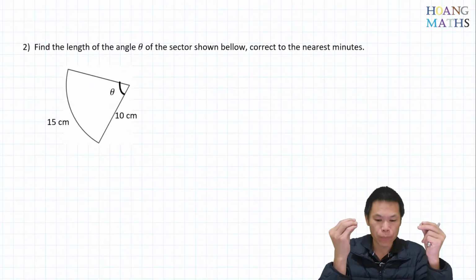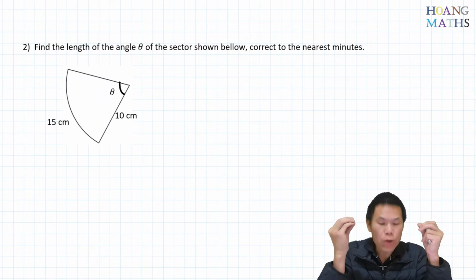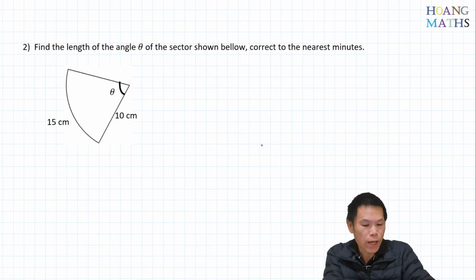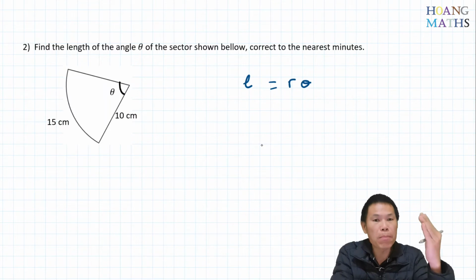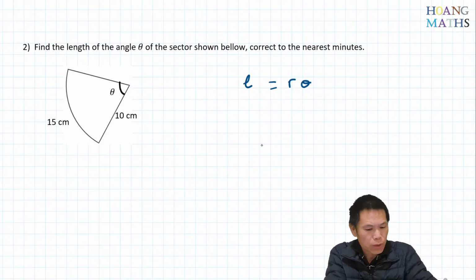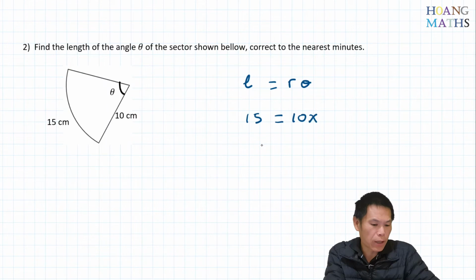Now, the next one. We need to work out the angle theta, nearest minute. To work this out, first of all, we know that the arc length is equal to r theta, and remember, theta must be in radians. So L is 15, the radius is 10, and times angle theta.